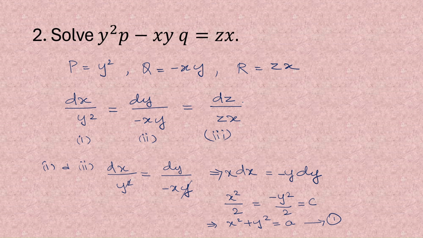Now consider ratio 2 and 3. Ratio 2 is dy divided by minus xy is equal to the third ratio, dz divided by zx.